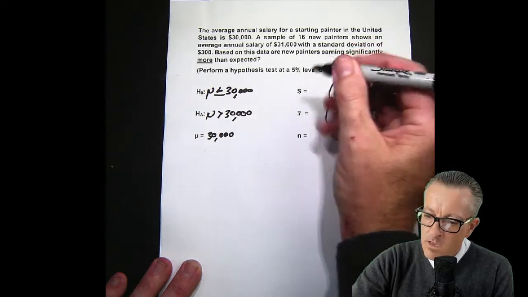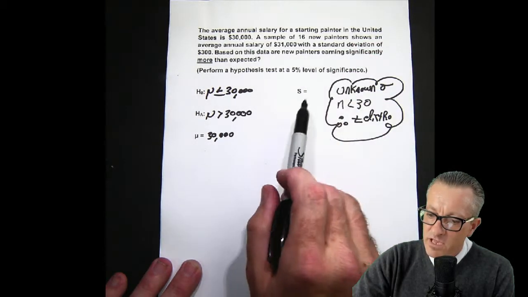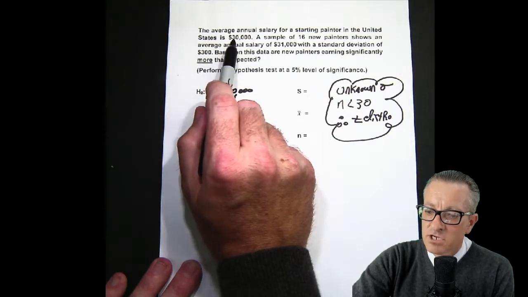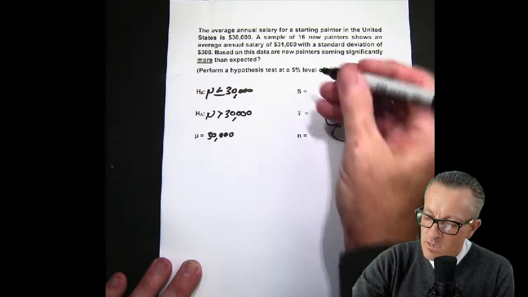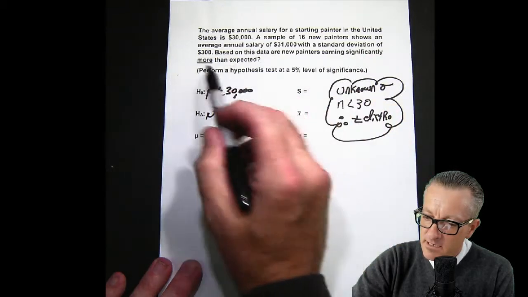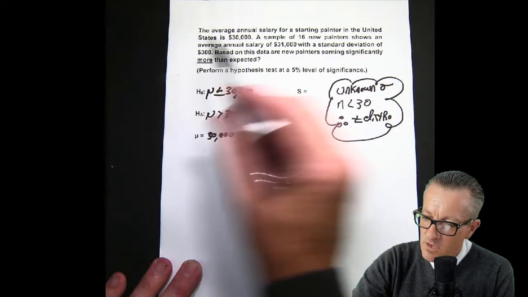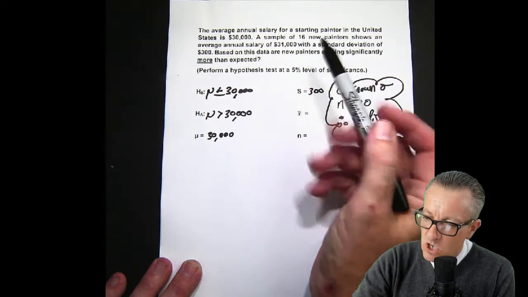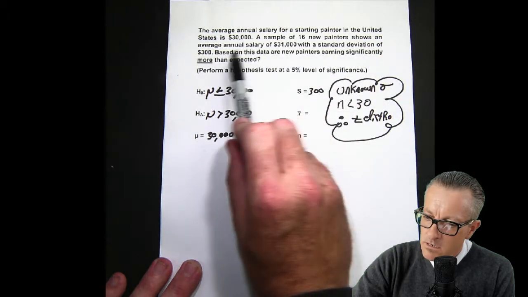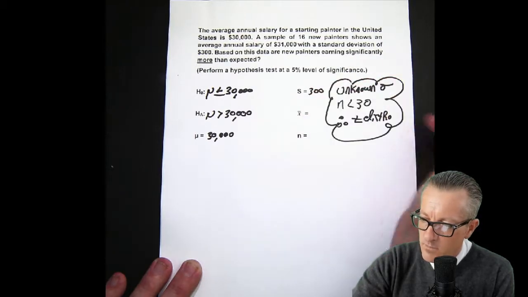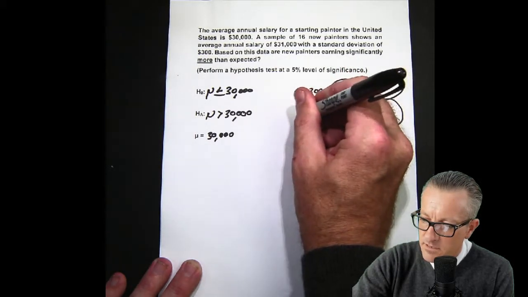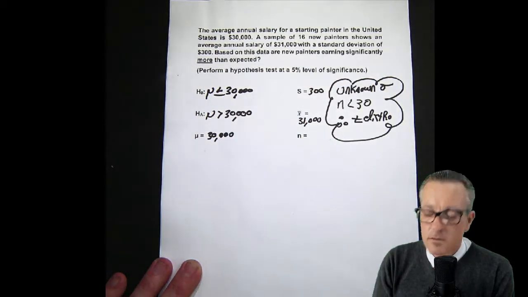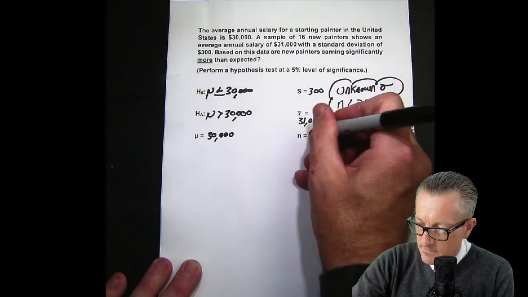If it was a population standard deviation, it would be up top with the population mean. So our big S is 300, our x bar is 31,000, and our n is 16.